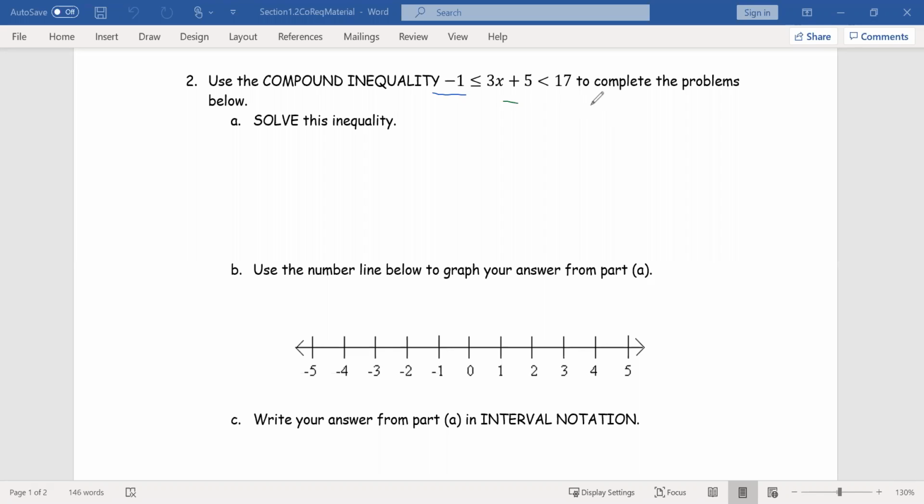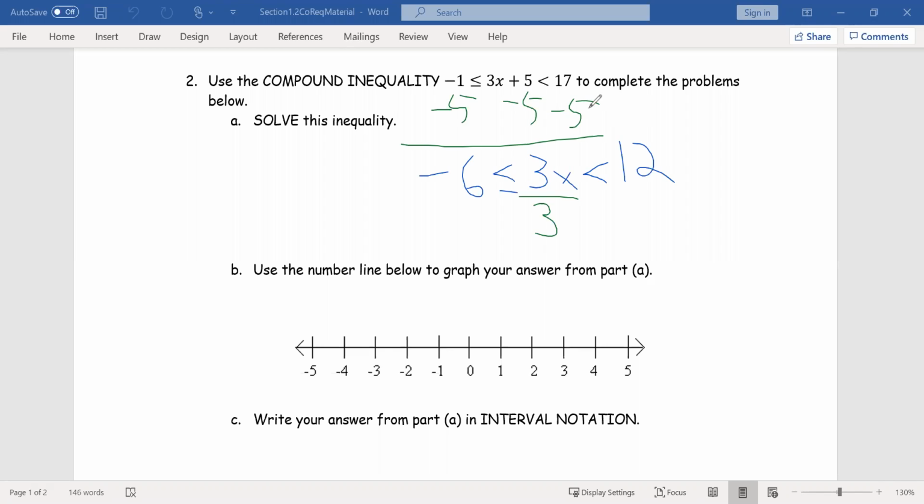The first thing we'll do, subtract 5 from all sides. So we'll subtract it from the 17, and we'll subtract it from the -1. And we do that, -1 minus 5 gives us -6, less than or equal to 3x, less than 17 minus 5 is 12. And then we isolate the x there, divided by 3, and again we divide everything by 3.